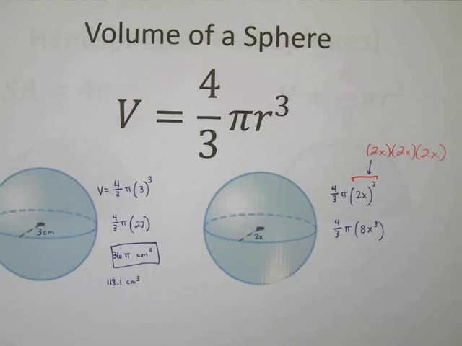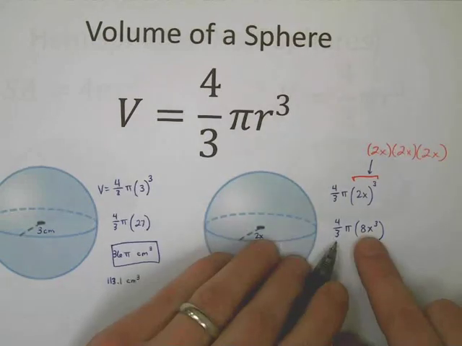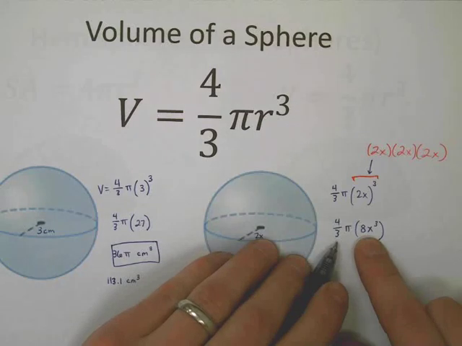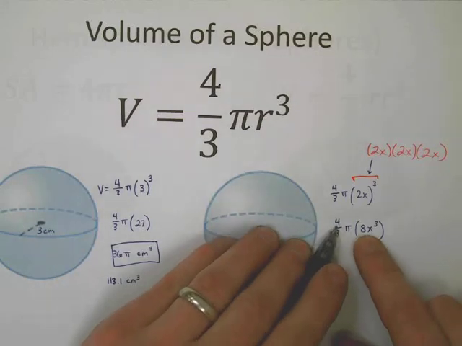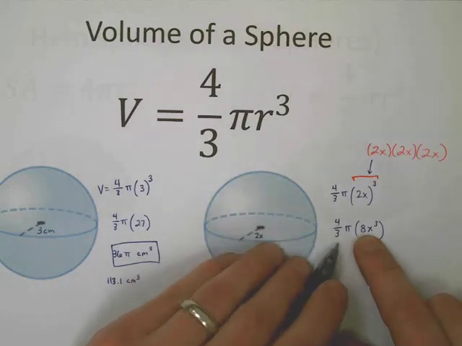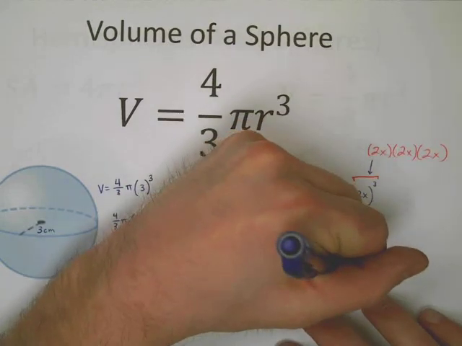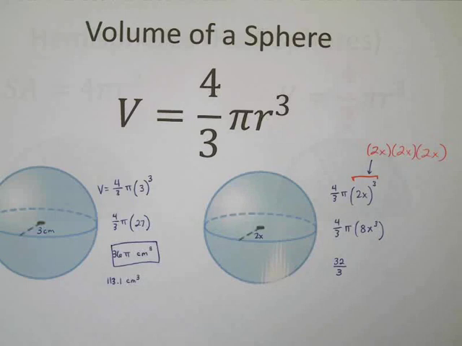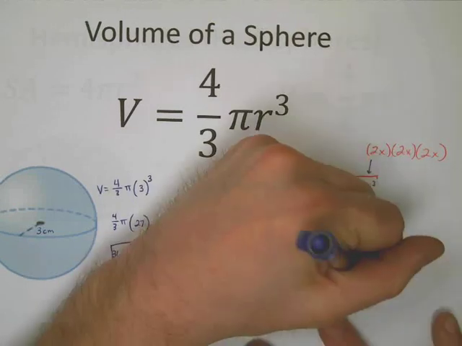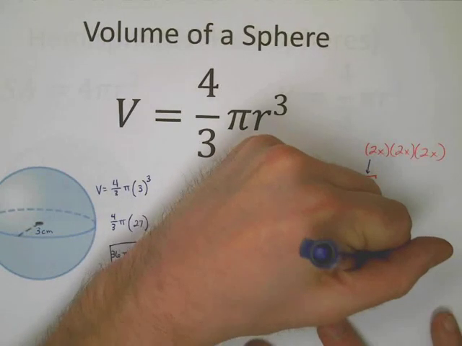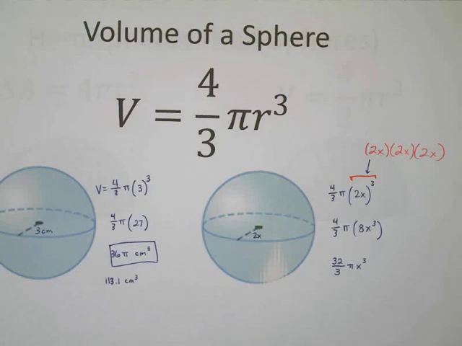All right, this one's not going to be nice and neat whenever we get done, but it's all right. If I took 4/3 times 8, and I typed it into my calculator, I get a fraction, 8 times 4 is 32, divided by 3 is not a nice number, so I'm just going to leave it as 32 thirds. And then I have a pi, and I have an x cubed.